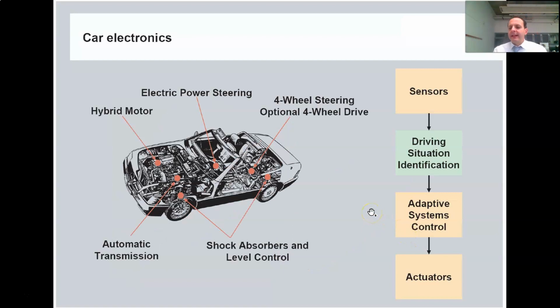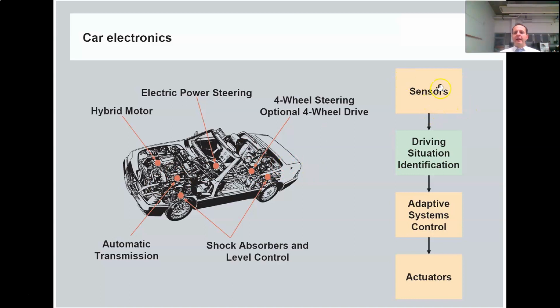And another example is represented by the car electronics for the case of an electrified vehicle. So we have electric power steering, hybrid motor, an automatic transmission, the shock absorber and level control, and we have four-wheel steering or four-wheel drive, depending on the type of your car.